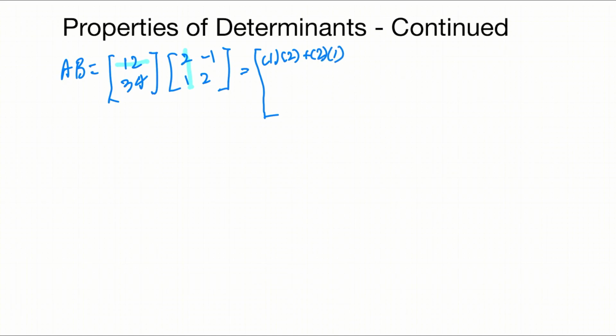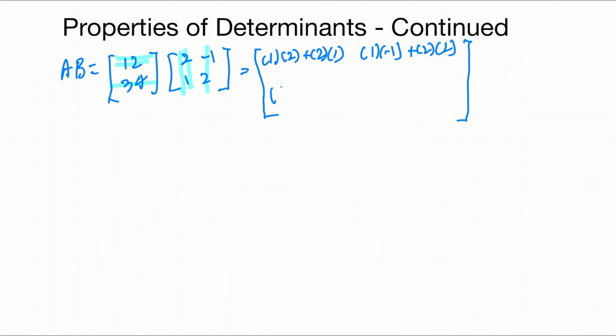Now for our second element, we're going to take this first row times the second column. So that's going to be 1 times minus 1 and plus 2 times 2. Now for our third element on the lower left, we're going to take this bottom row times the first column. Let's multiply that out.